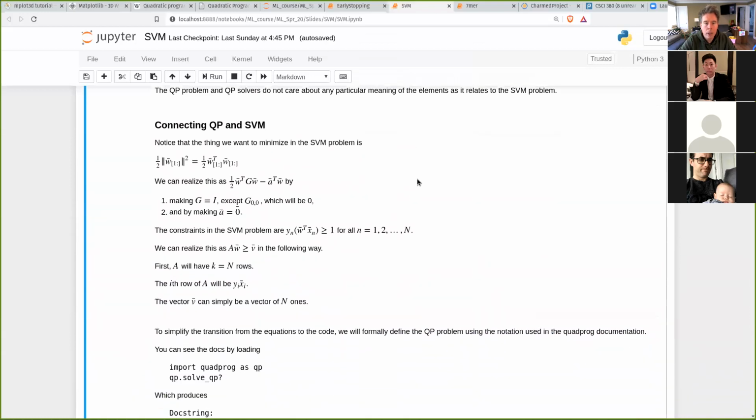So here's the connection between generic quadratic programming and the way we describe the hard margin support vector machine. The thing that we want to optimize is this.